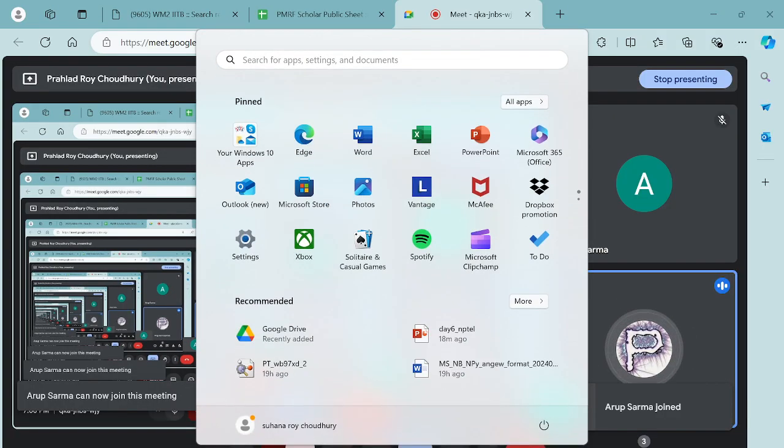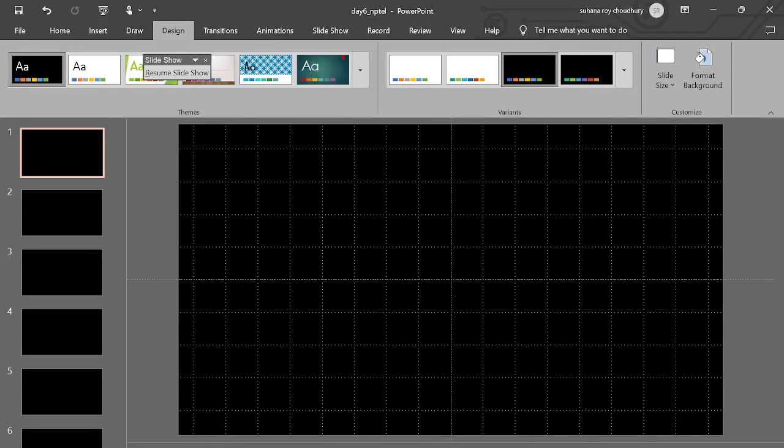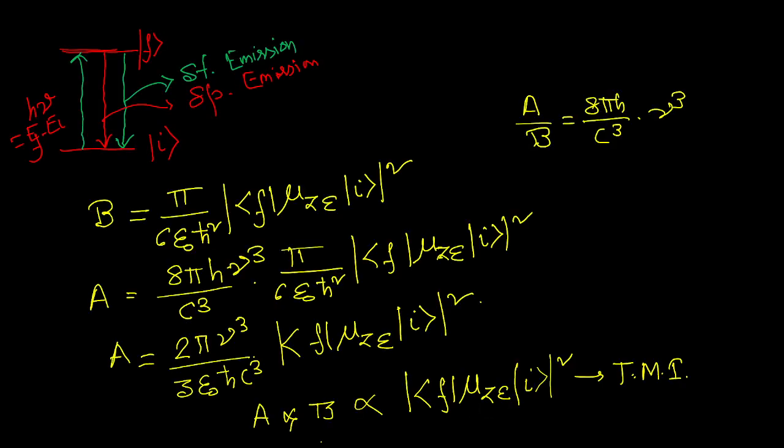To measure A, we can do an experiment on a molecule with two states, where the population in state 1 is n1 and in state 2 is n2.